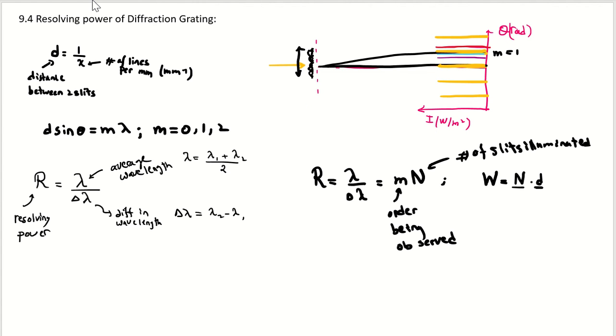This is how I might use this equation to find n, where of course d is 1 over x.